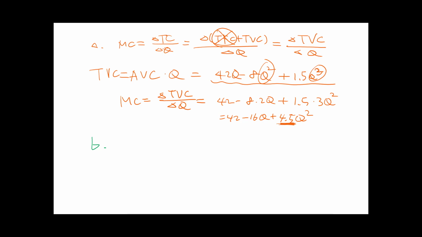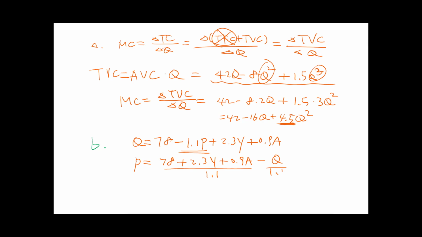So question B, marginal revenue. The answer is yes, you can derive or determine the firm's marginal revenue curve. As we have the linear demand function, 78 minus 1.1P plus 2.3Y plus 0.9A, just rewrite this in inverse demand functional form. So P equals 78 plus 2.3Y plus 0.9A minus Q, divided by 1.1, and that is the inverse demand function, right?